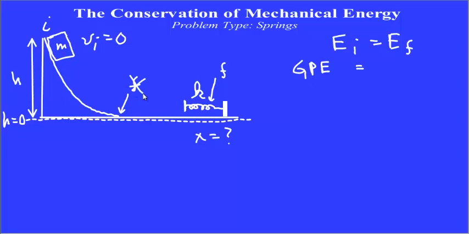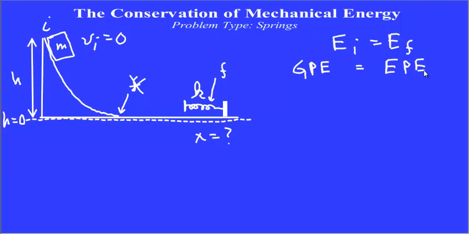So what's going to happen is all that kinetic energy is going to be converted to potential energy of the spring. So even though for a large part of its motion, the object has kinetic energy, it doesn't actually show up in this equation because all we care about is the initial point and the final point. So there's this whole transformation from GPE to KE that we don't even care about. It doesn't even show up. Right? All we care about is the initial point and the final point.